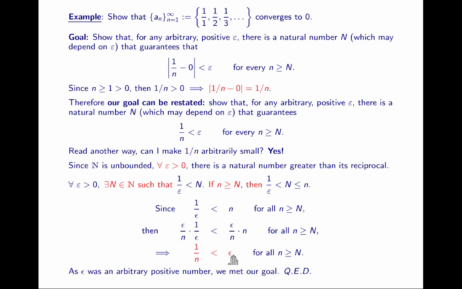So we've just shown, if I take all the highlighted in red parts and put it together, that 0 satisfies the precise definition of a limit. So we've met our goal. And so we've completed our first proof that a sequence converges to a limit.